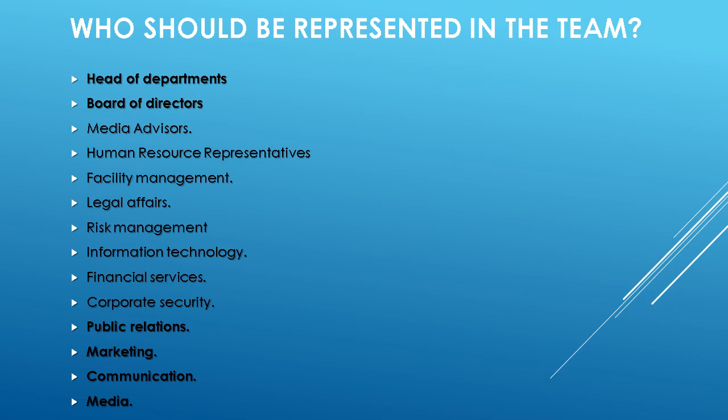Then we will be able to identify the people who are very important as a source of information related to the crisis or as decision makers. And we might observe that the bold titles, the first two titles, and public relations, marketing, communication, and media are the most valuable members to be represented in any crisis management team.